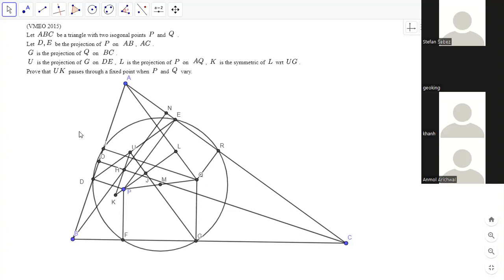Yeah, it's weird that it's not symmetric because you're taking the projection of P onto AQ.